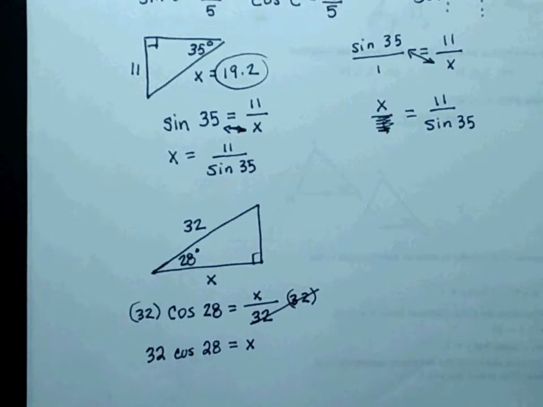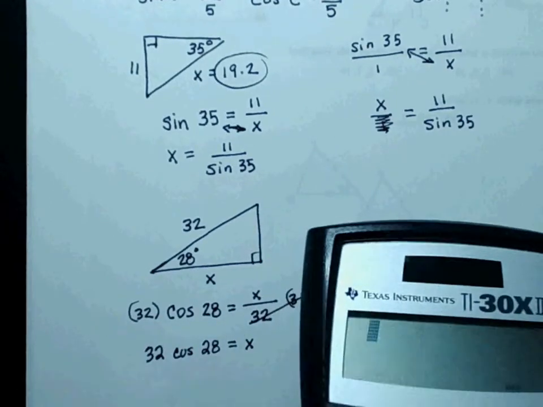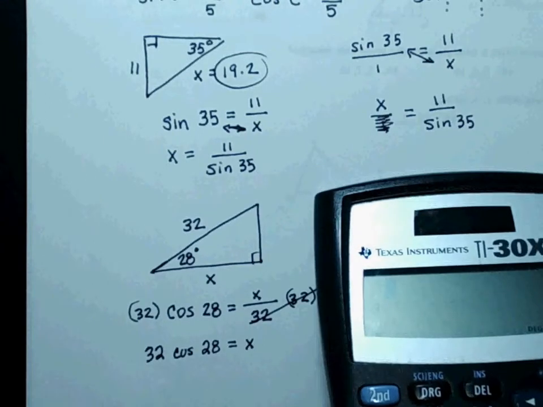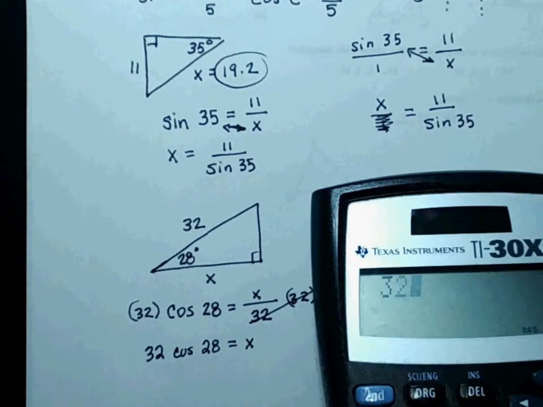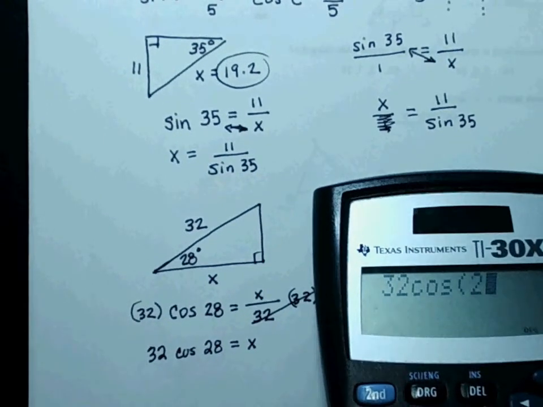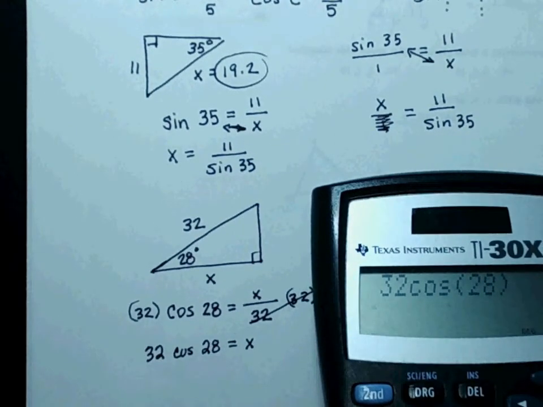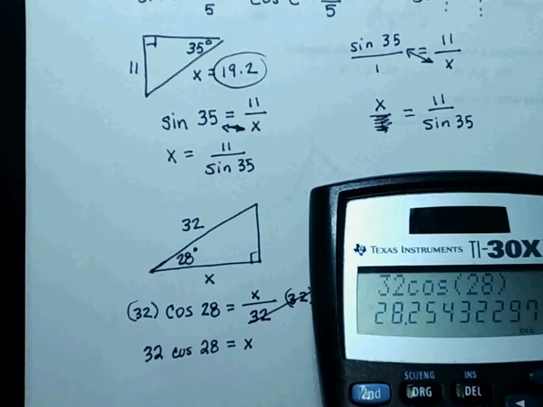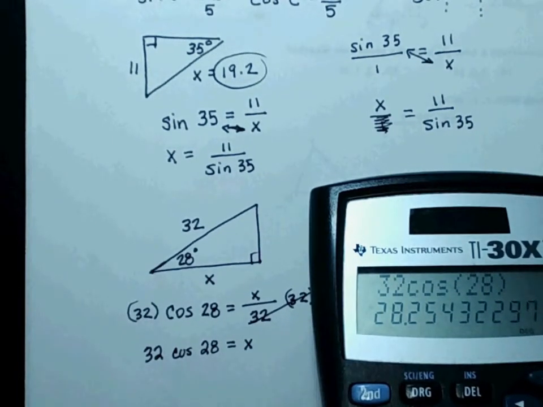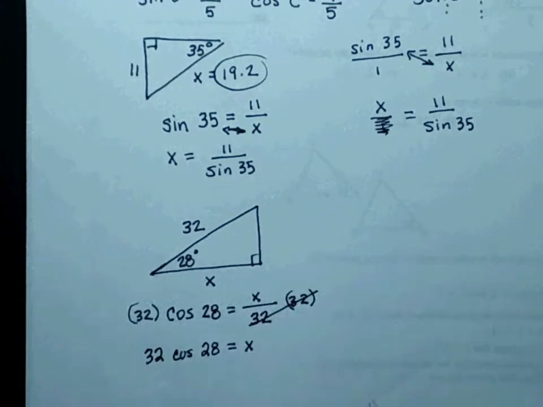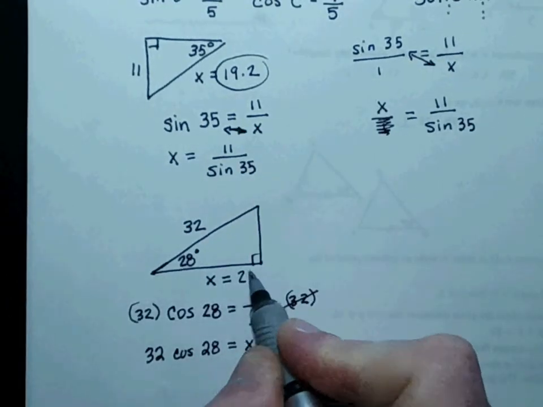Right. Now, all we have to do is put that in our calculator. 32 cosine 28. Press enter. And if we wanted to round that to one decimal place, we would say 28.3. So we find that x is 28.3.